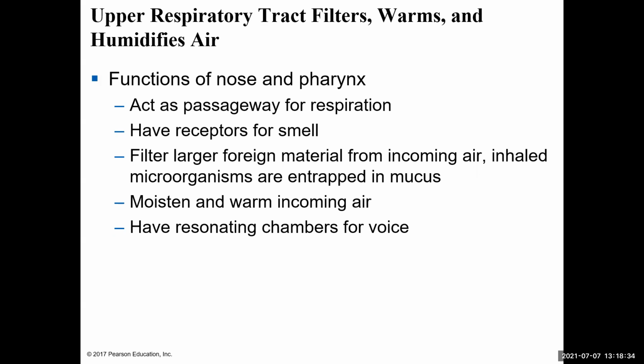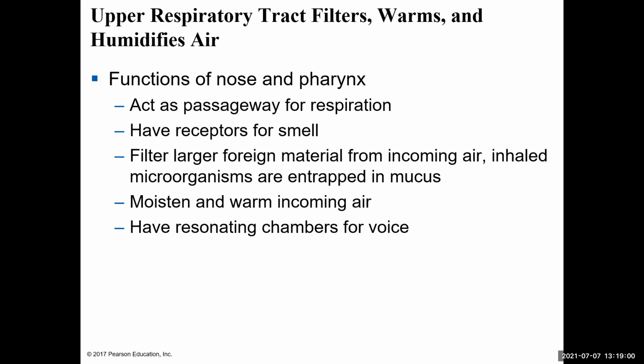Another important function for the upper respiratory tract is to warm the air so that it's not cold as it enters our body, and humidify it so it's not dry, right? So it helps to keep it moist so it's not drying out the respiratory system. And the nose and the pharynx play a big part in performing those three activities, right?